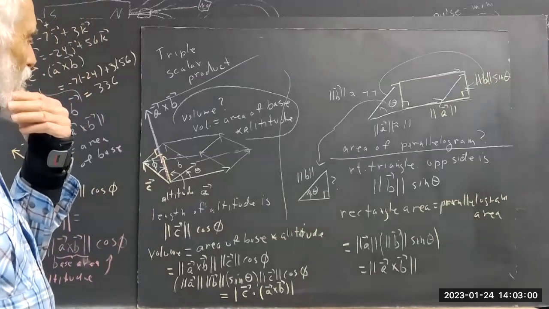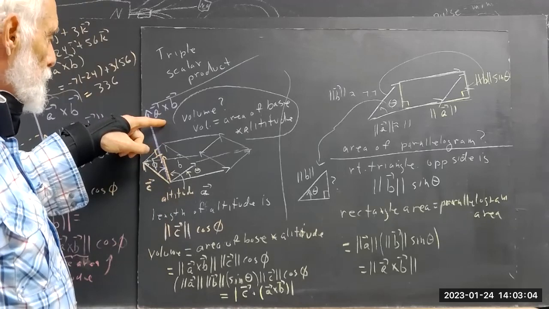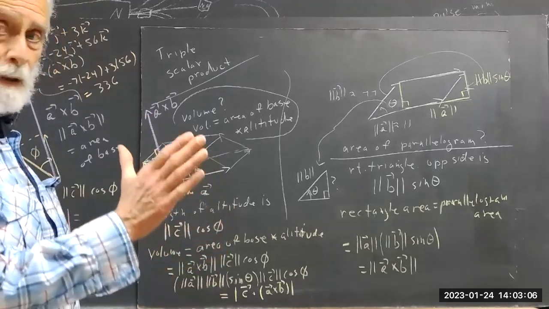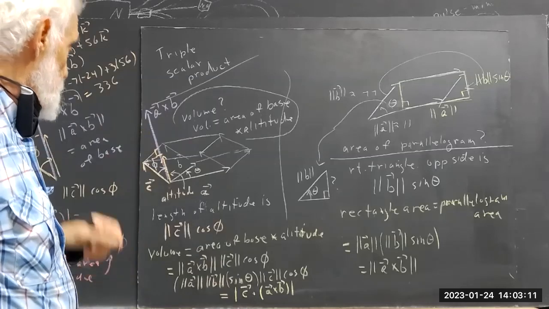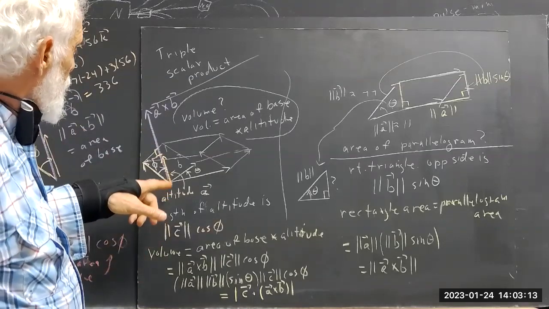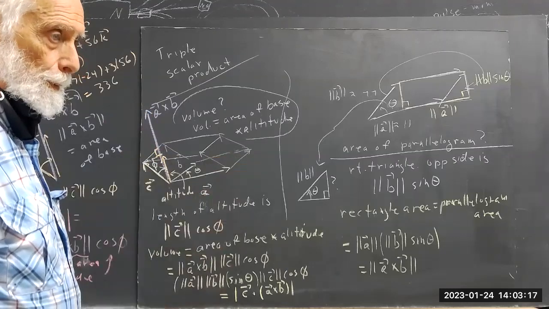Well, what I have in the picture then is the A cross B vector, which is perpendicular to A and B. Right-hand rule tells you it's in that direction. There it is. And that's perpendicular to the parallelogram.